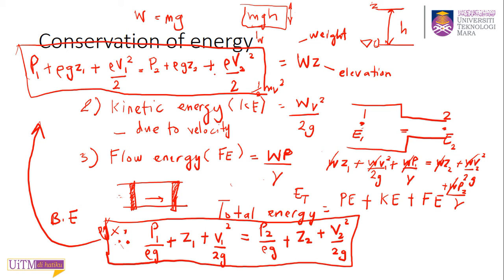Similarly for the second point, point number 2, you will have the pressure at point 2, plus rho G Z2 plus rho V2 squared over 2. So you multiply this by rho G, and we give you this Bernoulli equation in terms of this. So we finish this.